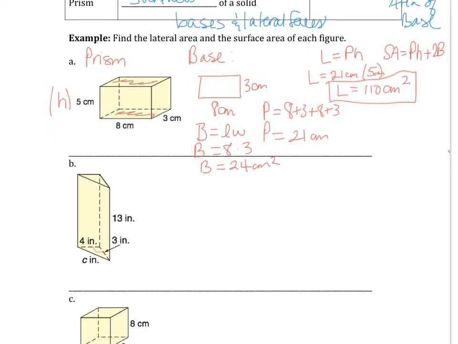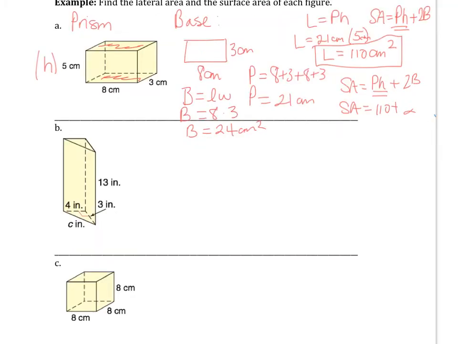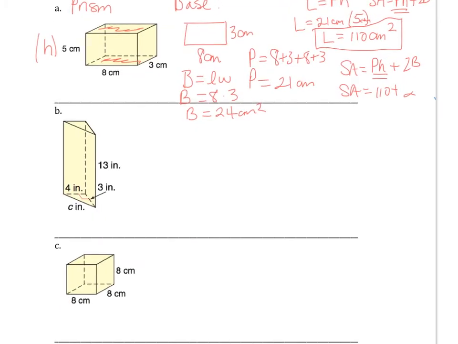Now I'm going to do my surface area. So surface area equals that P times H, which we just found, so that's 110 centimeters squared. Let me write the formula for you first, actually. So perimeter times height plus 2 times the area of the base. So I'm going to plug in what I know. So I know that perimeter times height is 110 plus 2 times the area of that base.